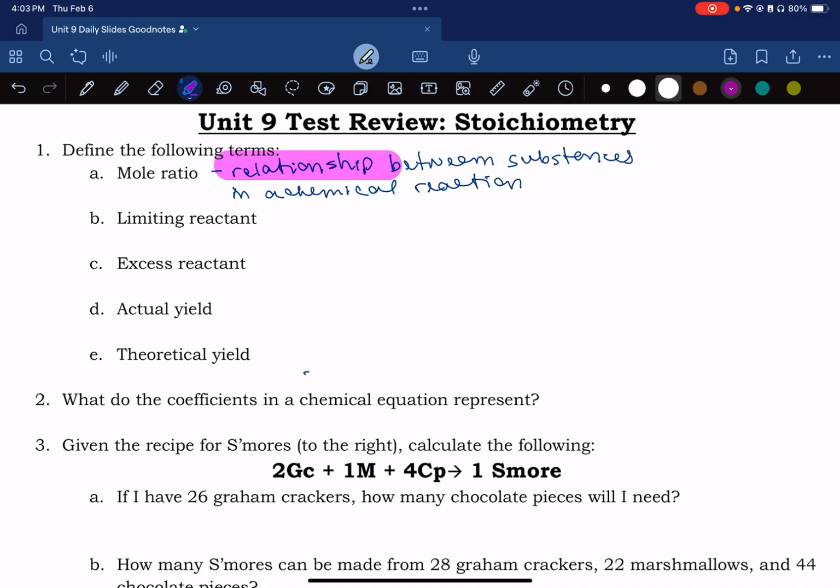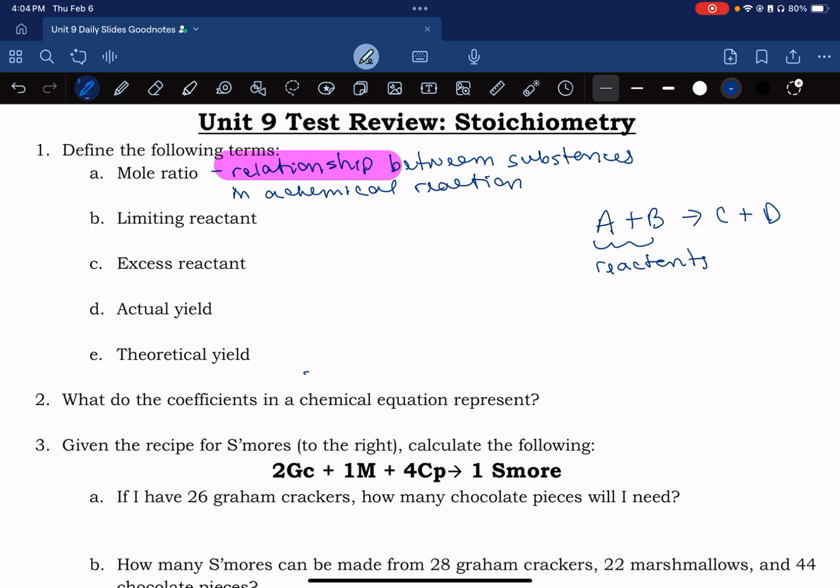All right, let's talk about this next word, limiting reactant, and let's talk about excess reactant. So just thinking about our equation, we know that A plus B yields C plus D, that A plus B here, these are our reactants. And just like when you go to your cupboard, you have ingredients that you might use to make a recipe.